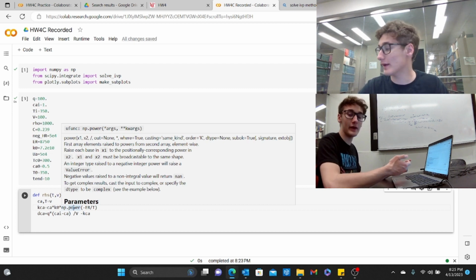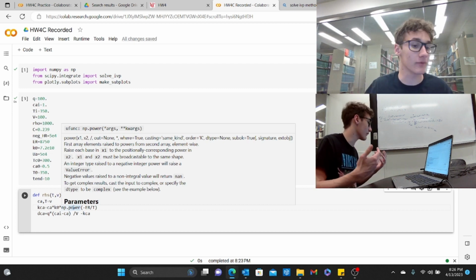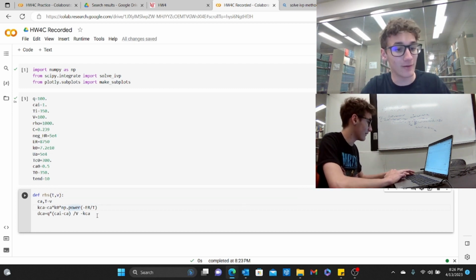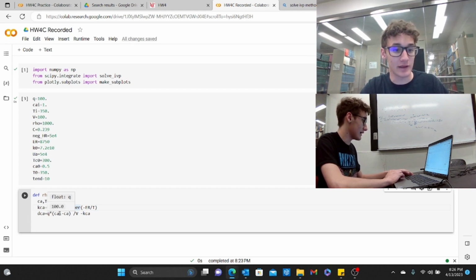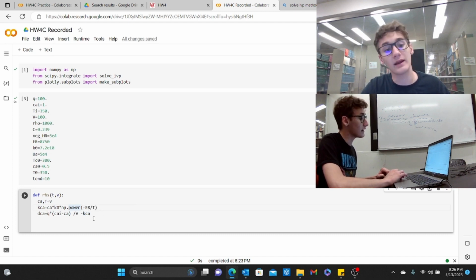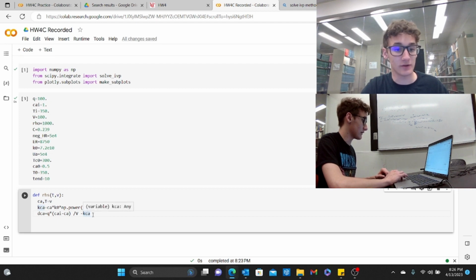I'm drawing a blank on the NumPy format for that right now. So what we have here is what we derived. dCA equals the rate in, minus the changes in concentration divided by the volume, minus KCA. This makes sense, as this is the rate that's leaving, we're going in, minus the leaving, and then this is what's being reacted.